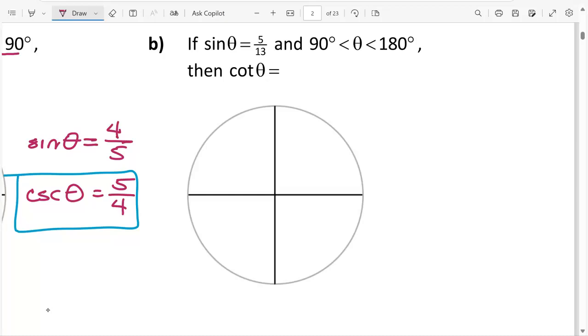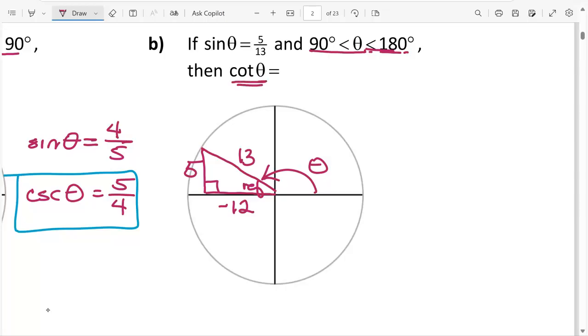Let's take a look at B. For this, we have an angle theta that's between 90 and 180 degrees. So in standard position, that's going to be terminating in quadrant 2. So I'll draw a reference triangle in quadrant 2. Here's our angle theta, and here's the reference angle in the triangle. The sine is opposite over hypotenuse, 5 over 13. Our missing side is 12 for the 5, 12, 13 right triangle, but since that side is adjacent in the second quadrant and it's pointing left, that's going to give us a side of -12.